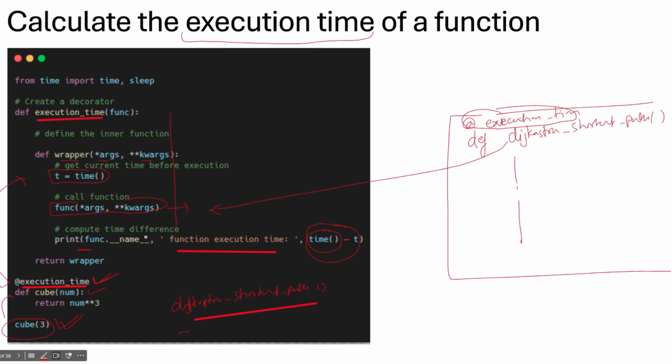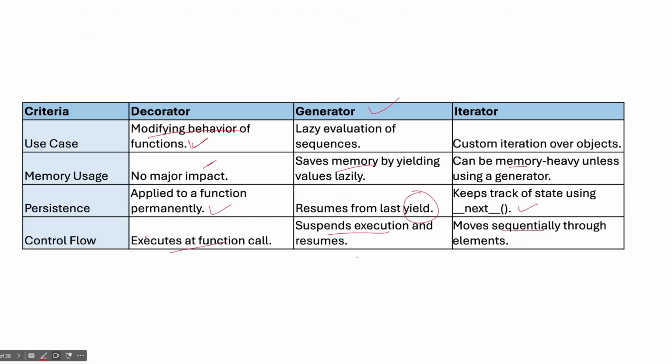So the objective of decorators is to modify the existing behavior or add some functionality. It can be logging, execution time, testing, or any other thing, like authorization. All these things you can do here.